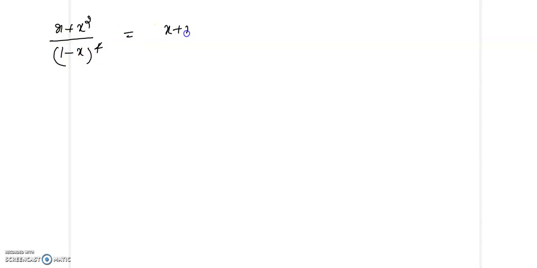So that is x plus x square into, now the series for 1 minus x whole raised to 4, the corresponding coefficient will be n plus r minus 1 c r, that is n plus r minus 1 c n minus 1.